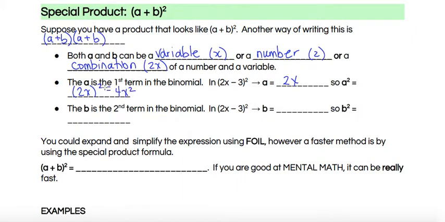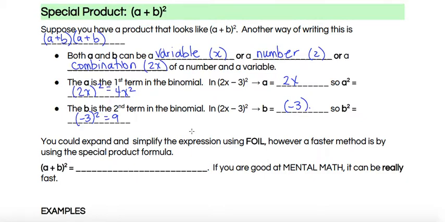So we've applied that exponent to both terms inside of the bracket. So b is the second term in the binomial. So in this case, it's negative 3. So b squared is negative 3 squared, or 9. So we could expand and simplify the expression using FOIL.